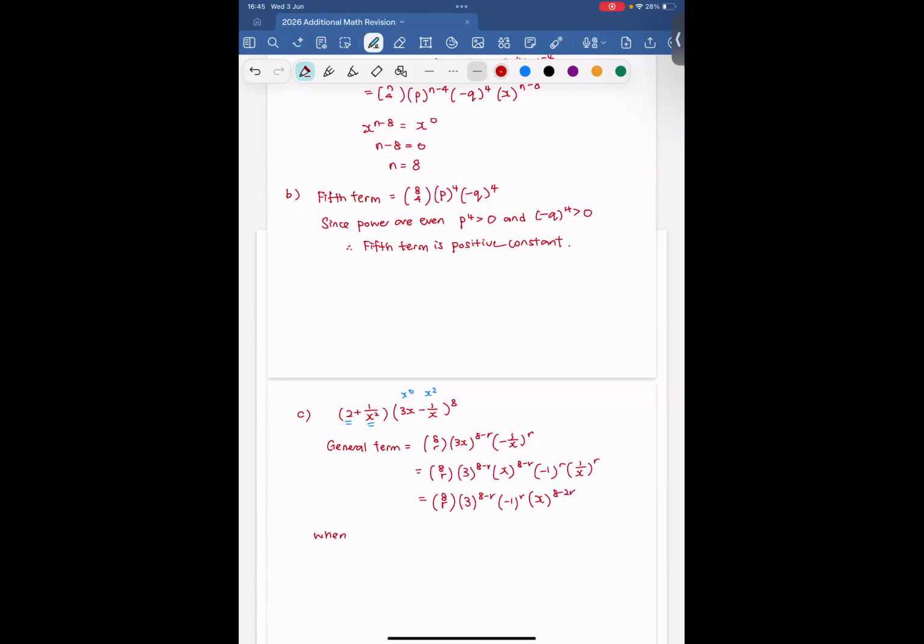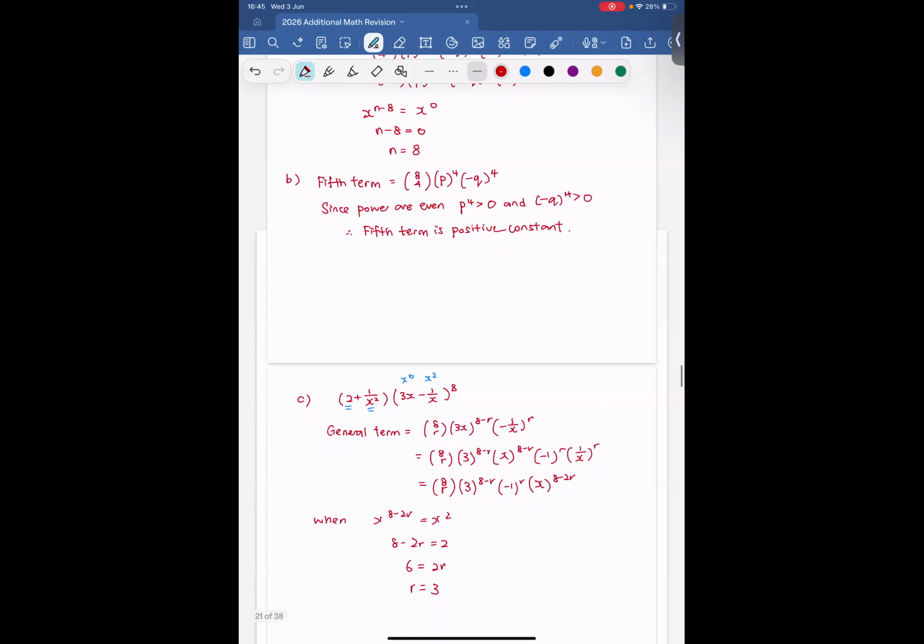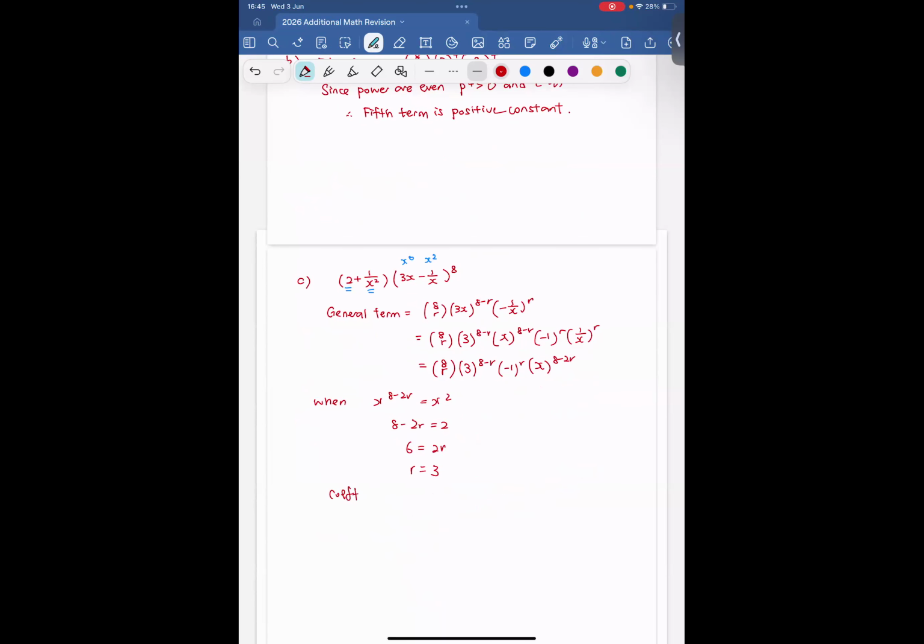So when x power 8 minus 2r equals x squared, 8 minus 2r equals 2, 6 equals 2r, r equals 3. So the coefficient of x squared is 8C3, 3 power 5, negative 1 power 3, which is negative 13608.